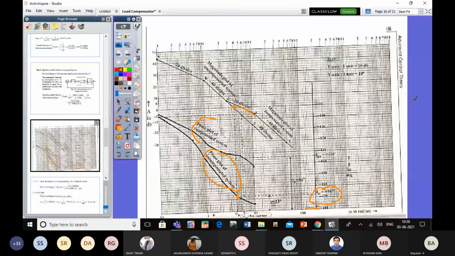Again you can go to the plot and see where it is intersecting minus 6 dB. This is 0 dB. This is for minus 6 dB.